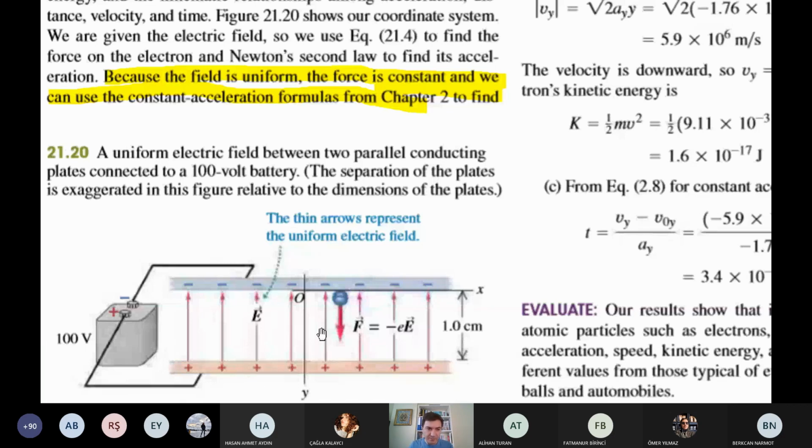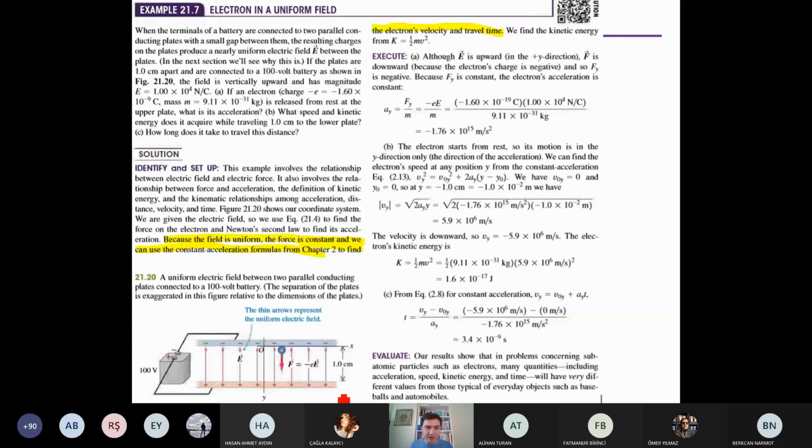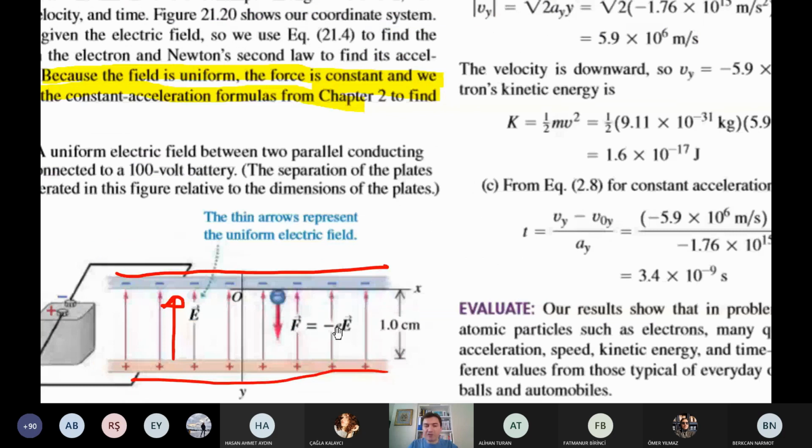This is very important. Here we have the positive plate, and here we have the negative plate, and look at the direction of the electric field, from positive to negative. This is the direction of the electric field. Since the electron is negatively charged, you put the charge of the electron, given by e.